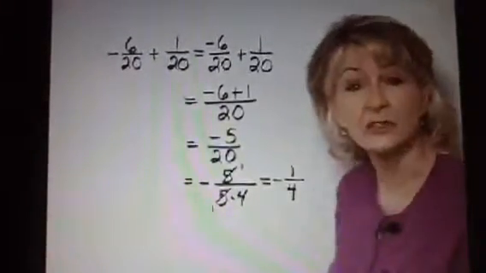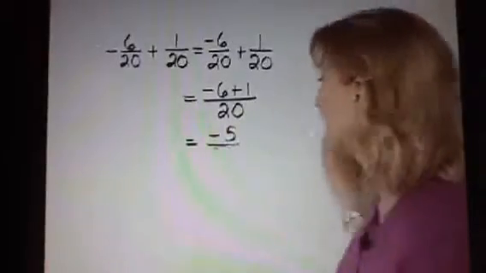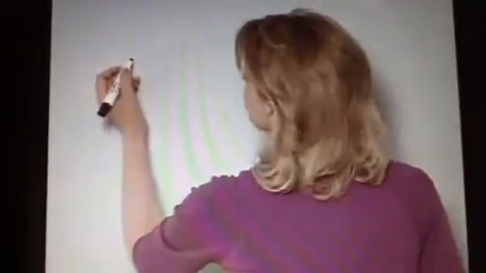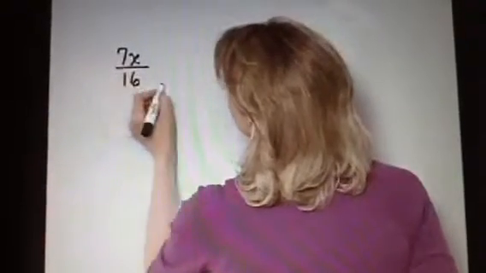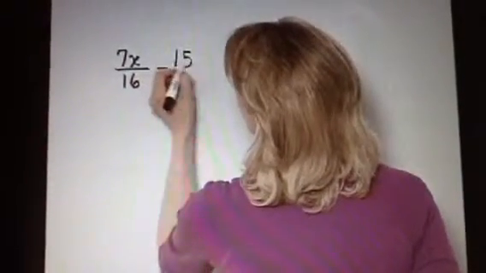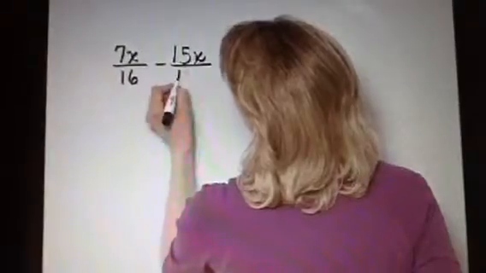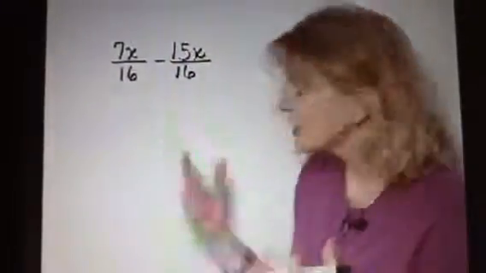Let's continue. Just be very, very careful, and it does help if you write neatly. Let's suppose I have, let's put a variable in here, 7x over 16 minus 15x over 16. So we have fractions.